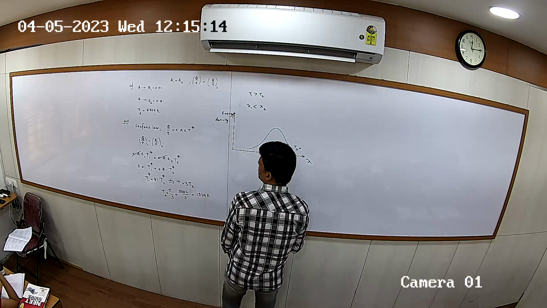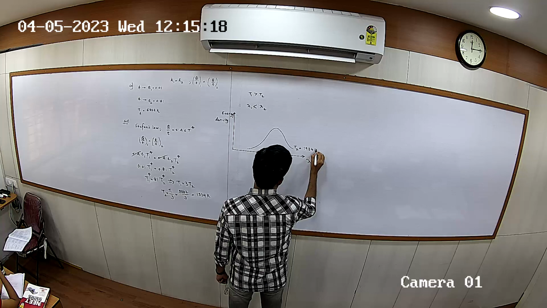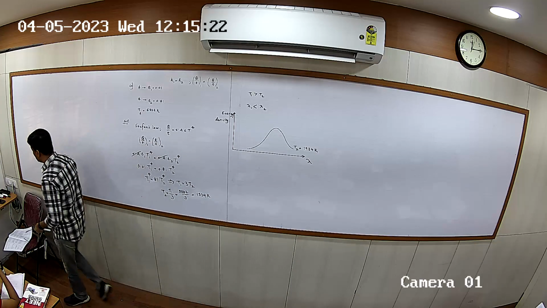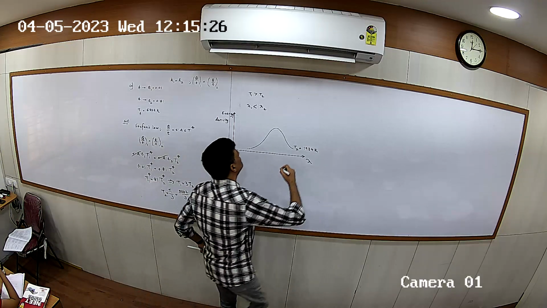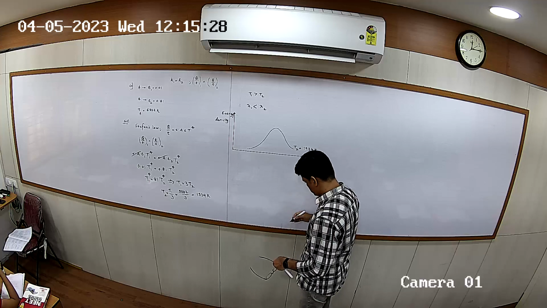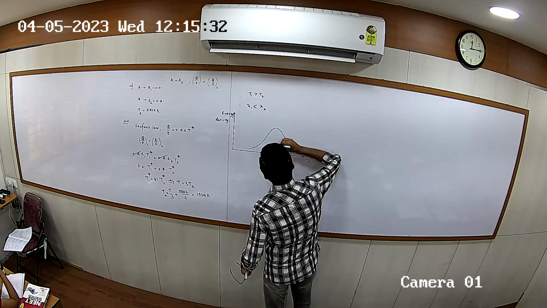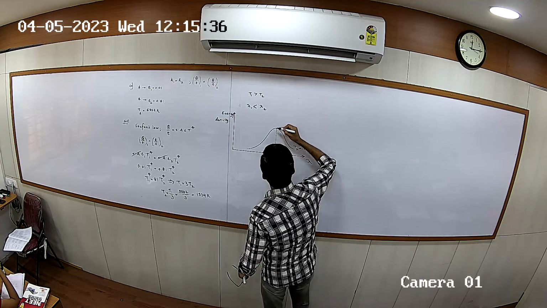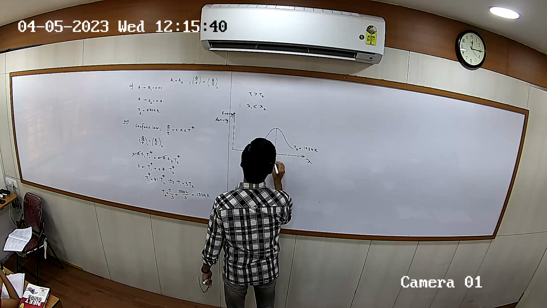See carefully, temperature T2 कितने आ रहे थे? 1934. Correct? You have plotted the graph at 1934. Is this clear? You got the peak over here. This is your lambda 2.